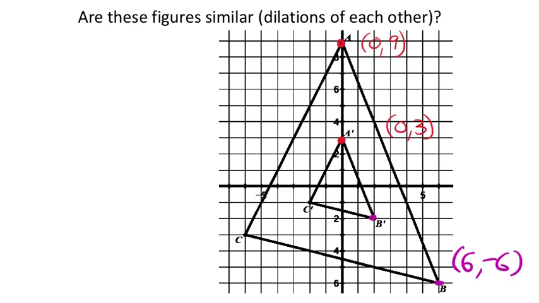And then B prime appears to be at 2, negative 2. I think the B's are a little bit more clear. Let's compare the C's as well, which appears to be at negative 6, negative 3 from the preimage, and then the image has ordered pairs at negative 2, negative 1.